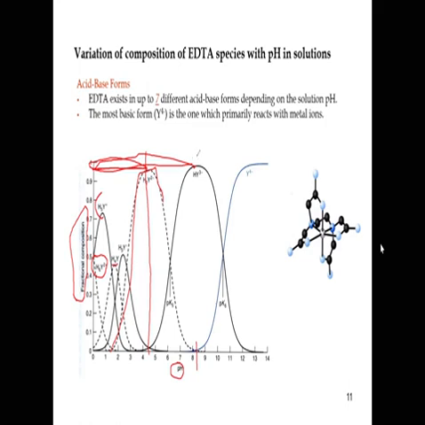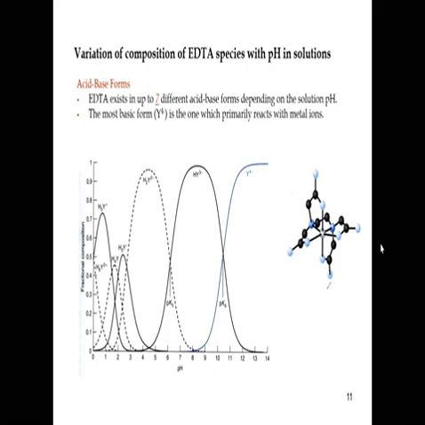Now you just want to understand one thing, for the metal ion here. There are 4 carboxylic groups, drawn with oxygen, and 2 nitrogens, and these are the protonated and deprotonated carboxylic acid groups.